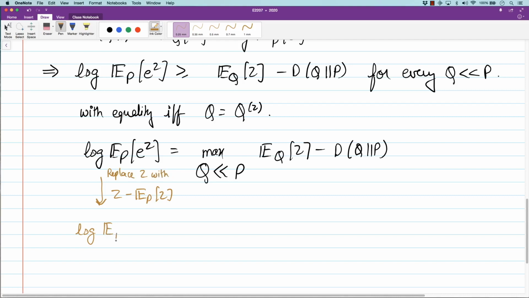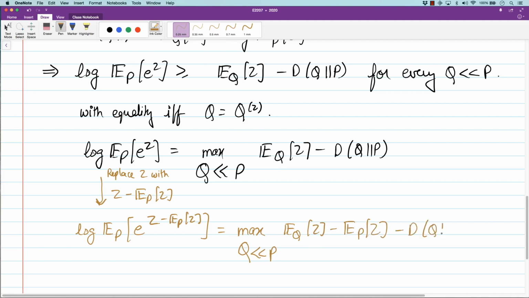So you get log expected value over p of e to the power Z minus its mean, this is equal to max over q of expected value of Z under q minus expected value of Z under p minus D(q||p). Okay, that's the form we had seen in the claim.